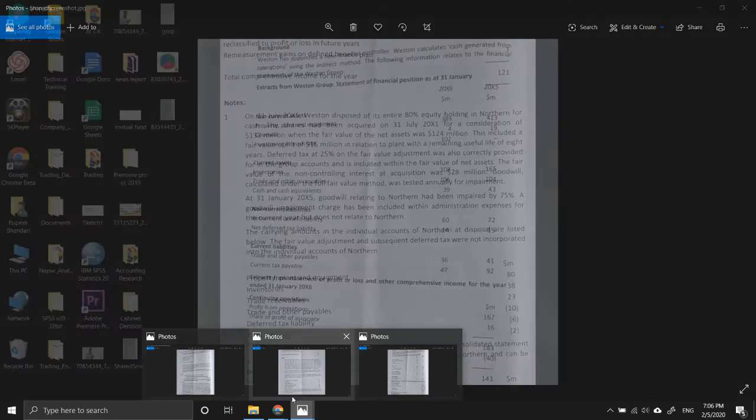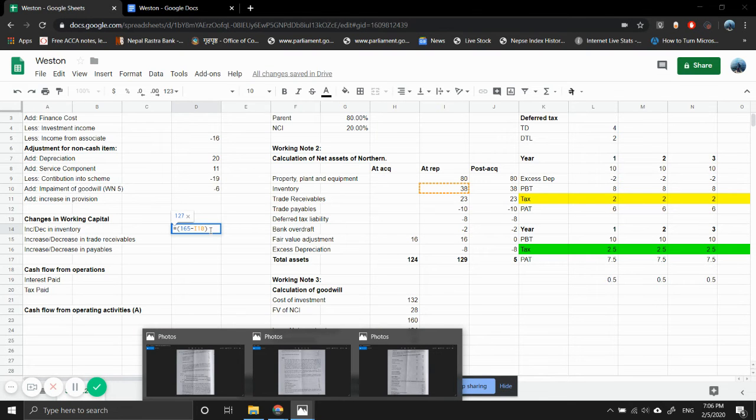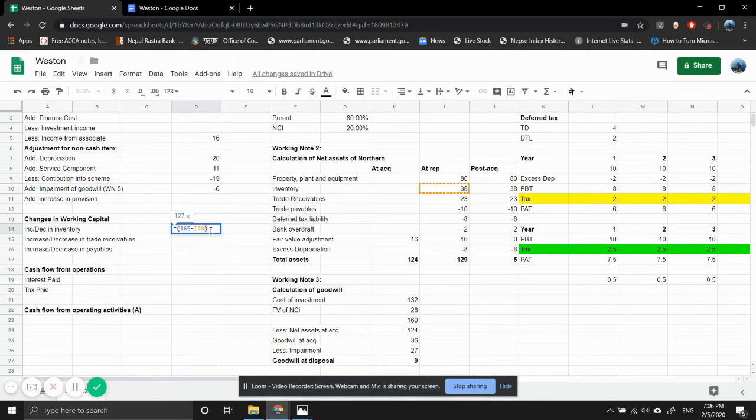It has decreased. Okay, 108, right? So it has decreased, right? That means inventory has decreased. So there will be positive cash inflow, right? 106.